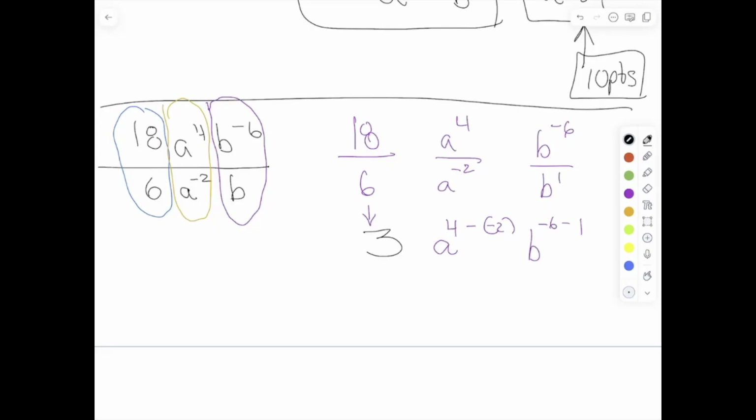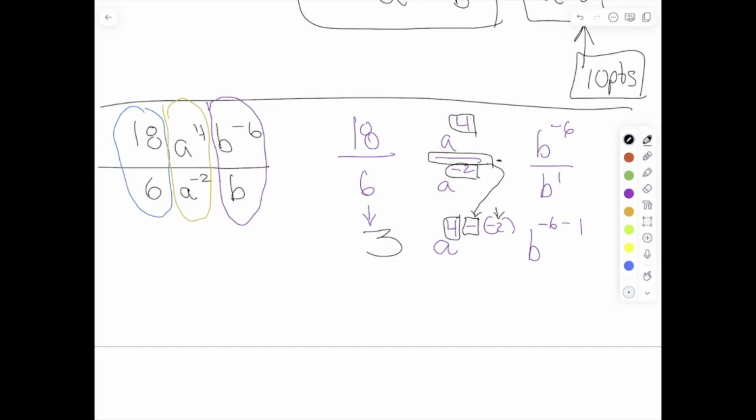So 4 came from here, right? Yes. And then this negative sign right here in the middle is coming from the division sign. That's a negative, so that comes here. And then this -2 here is this -2 in the parentheses.